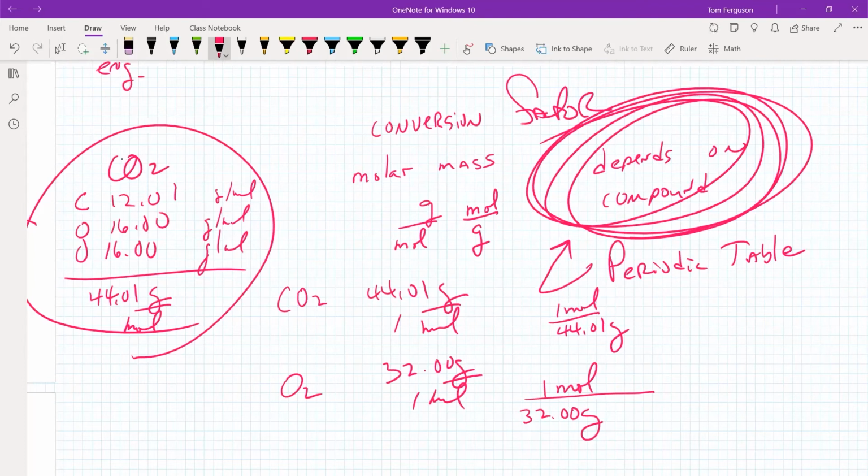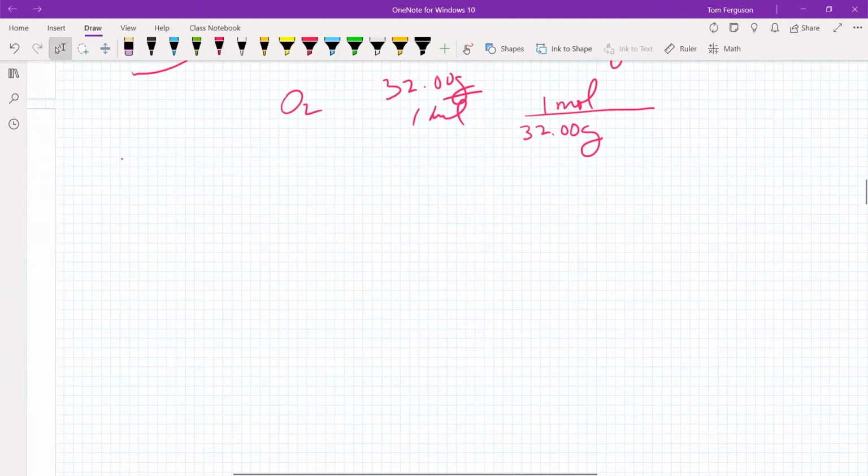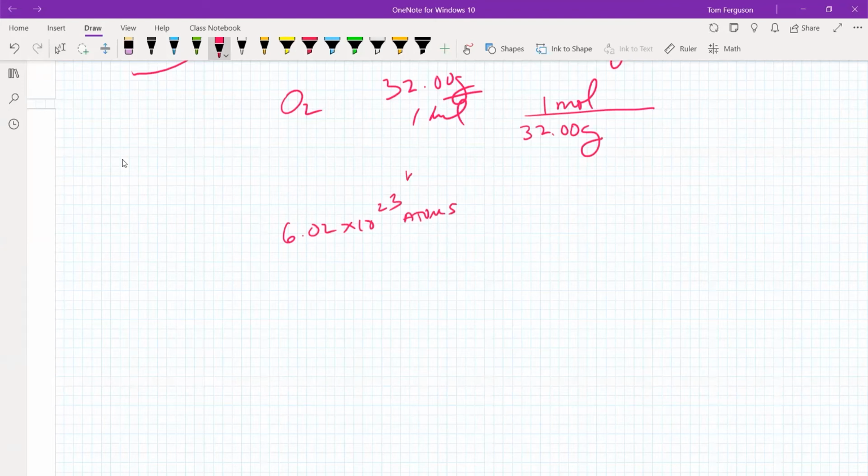Secondly, how many units are in a mole? Now this could be atoms, or it could be molecules. It doesn't matter. 6.02 times 10 to the 23rd is a unit, just like a dozen doesn't have to apply to eggs.